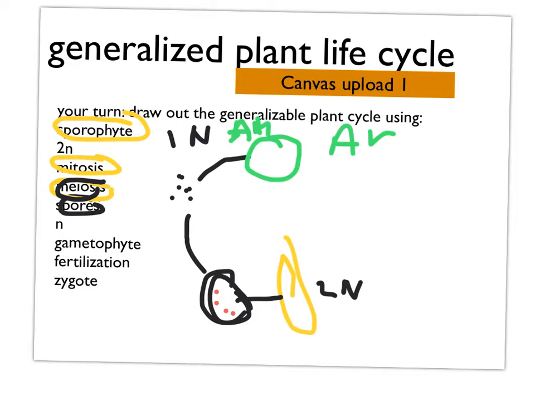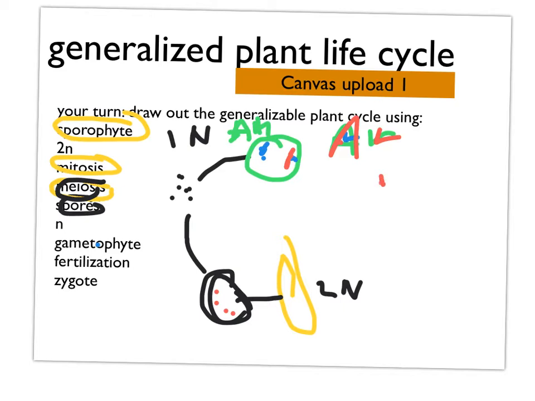So here's the antheridium, here's the archegonium, and they produce gametes.